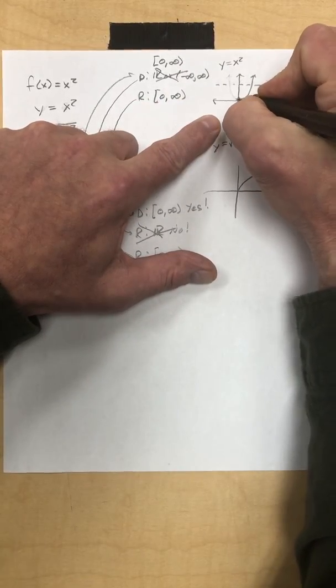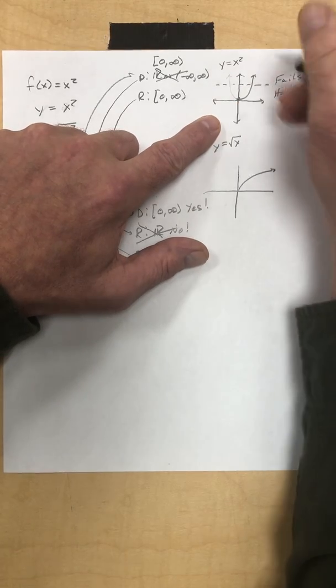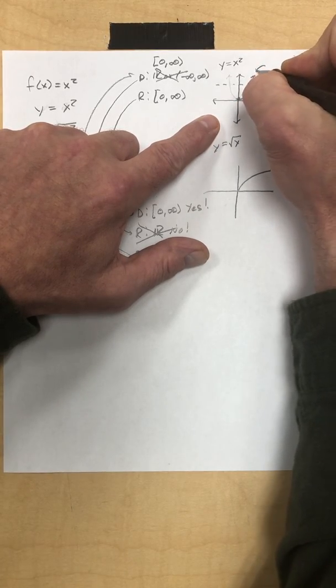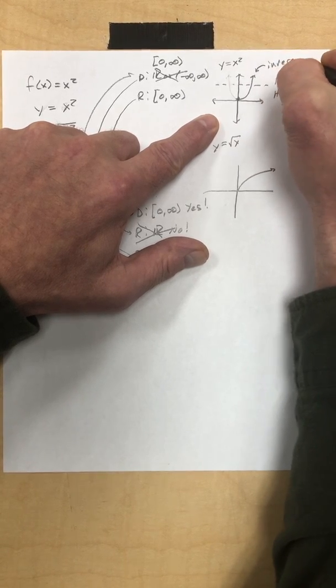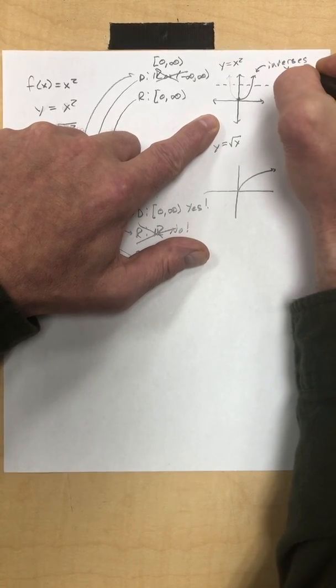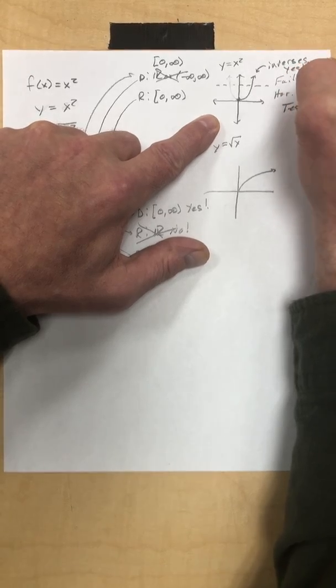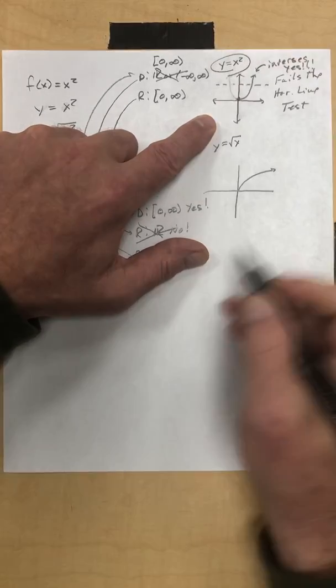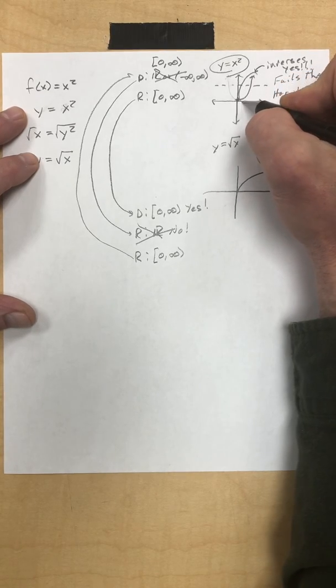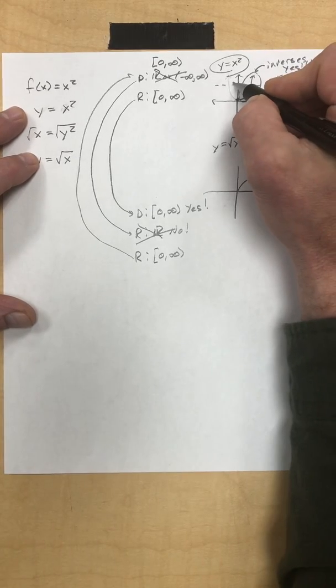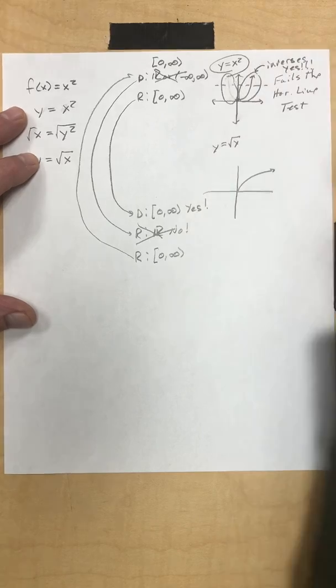So what happens is we have an inverse that exists for only half of this guy. The inverse exists for the right half of the guy, but there is no inverse for the left half of the guy.